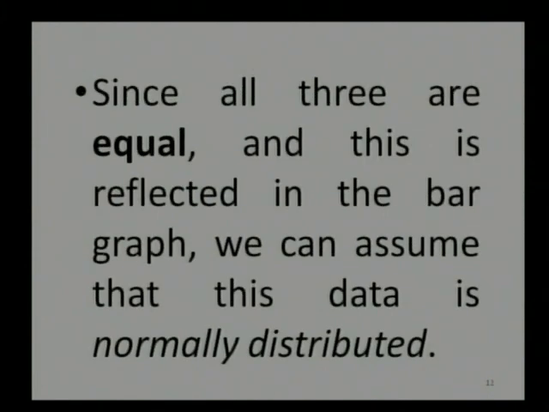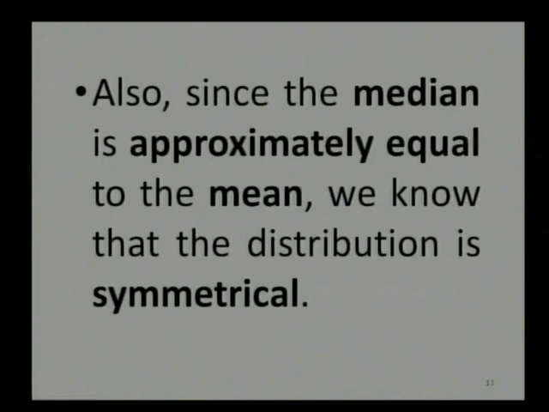Since all three are equal and it is reflected in the bar graph, we can assume that the data is normally distributed. Also, since the median is approximately equal to the mean, it is enough to conclude that our distribution is symmetrical, meaning the two halves are identical, or if you fold your curve at the mean, it will give a mirror image of each other.